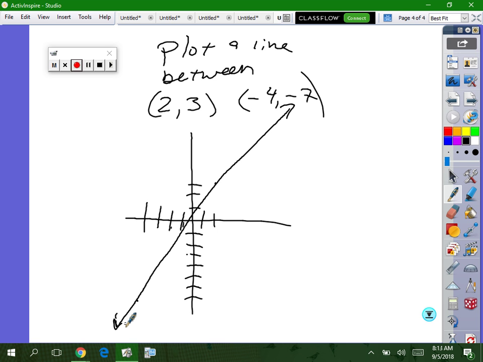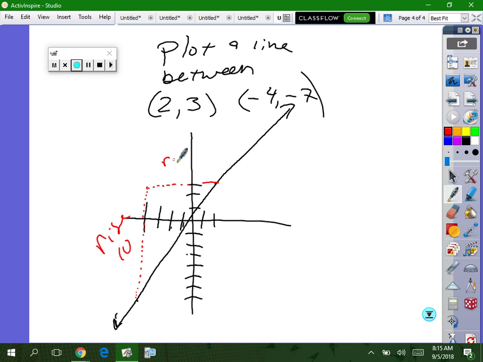Well, what can I find via plotting 2 points? Because I need to write an equation, don't I? What could I use? Well, isn't slope rise over run? Correct? So I'm here at negative 7, and I'm coming up all the way over to 3. So how much does it rise from negative 7 to 3? That's a rise of 10, right? Now I ran from negative 4 all the way over to 2.